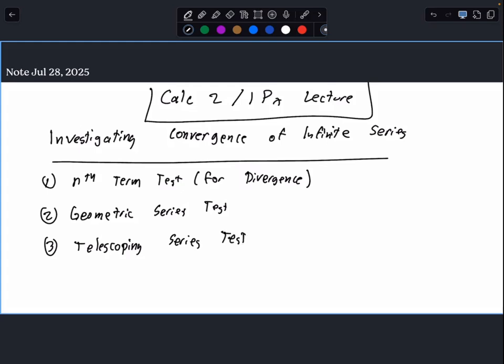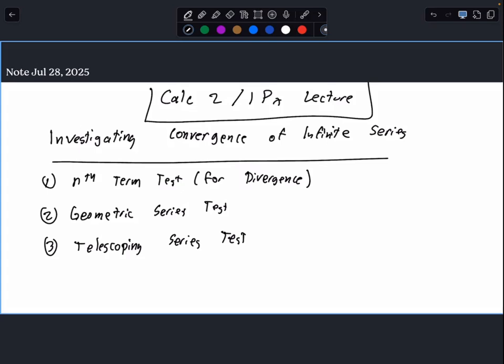Now, both these last two tests are based on the process that if we can calculate what the sum is, then we know that there is a sum. With the geometric series test, though, you're not meant to actually find the sum of the series unless I request it.